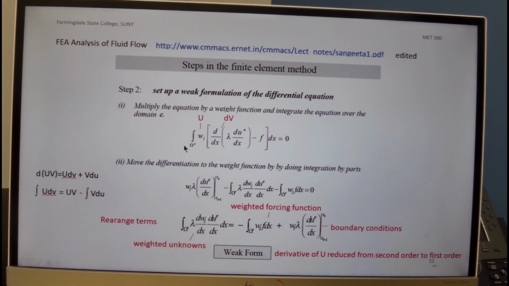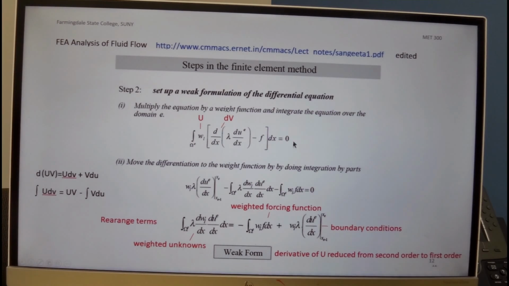To see how that works, we look at the derivative by parts of uv. d(uv) equals u dv plus v du. Therefore, if we take the integral of d(uv), it becomes uv, and then we rearrange the terms, and this element over here, the integral of u dv, equals uv minus, this term moves to the other side, the integral of v du.